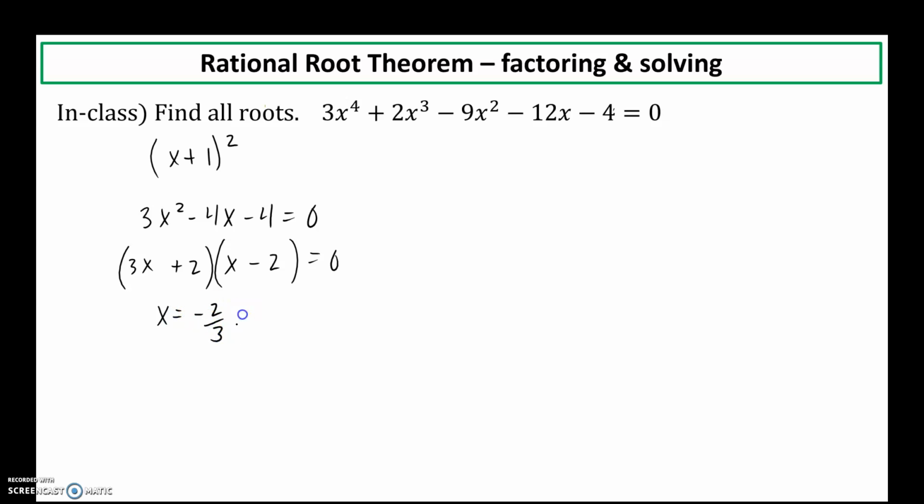So our two remaining solutions are negative 2/3 and positive 2, in addition to negative 1, which we found through our remainder theorem. And because it's a double root, I know that this is going to be a bounce point on my graph.